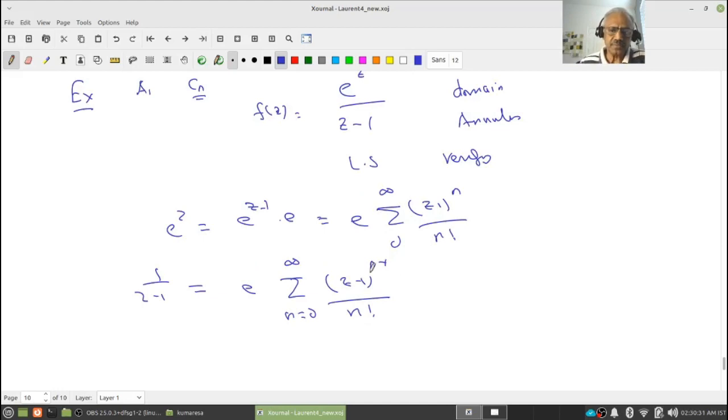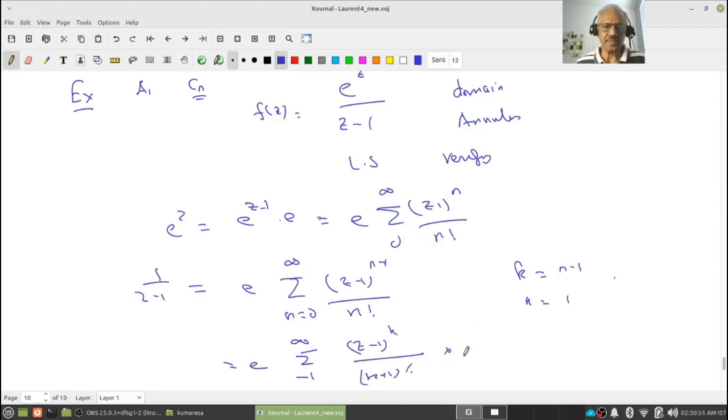Now make a change of variable, put k equal to n minus 1. When n is 0, k equals minus 1. Therefore it's going to be e times the sum, k equal to minus 1 to infinity, of (z minus 1) to the power k divided by (k plus 1) factorial. So we got it simply by manipulation.